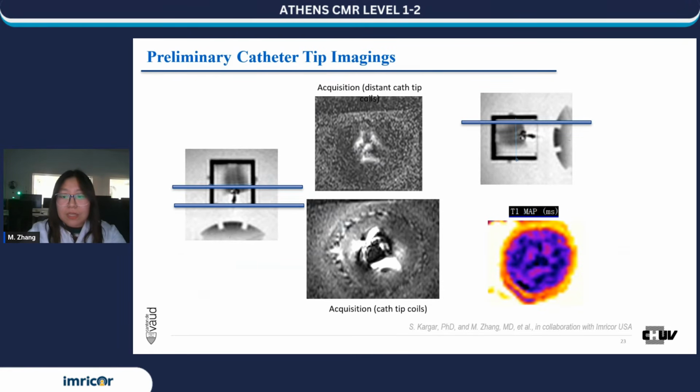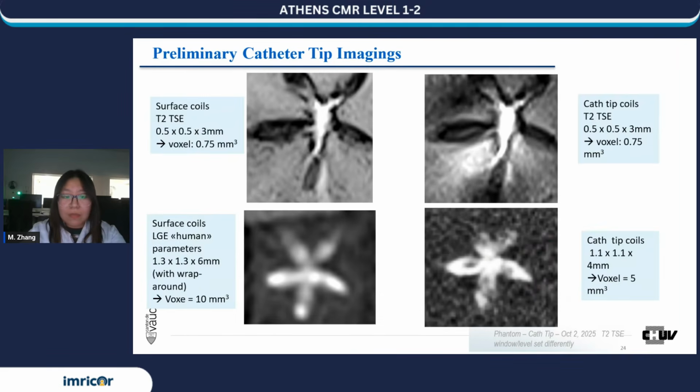Here are the imaging characteristics of the catheter tip coil in different positions. At the catheter tip itself, as shown in the bottom left image, we observe a strong signal but also a noticeable artifact due to the very high local sensitivity.